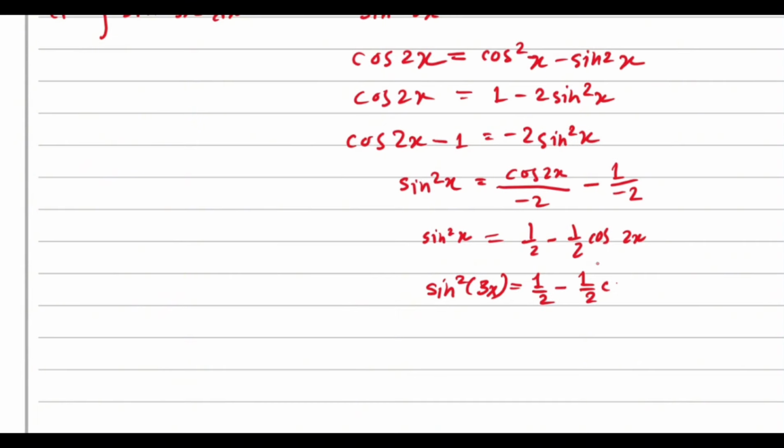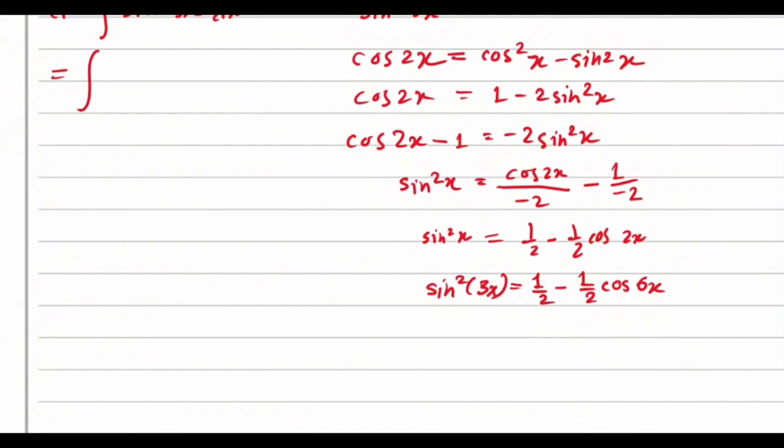So before it was cos 2x, now it would be 2 into 3, 6x, and this is what gives us an equivalent identity for sin squared 3x. We now know that sin squared 3x is equal to half minus half cos 6x.